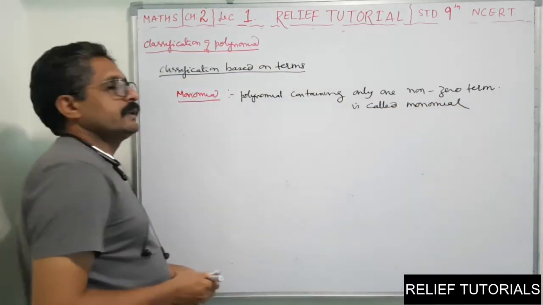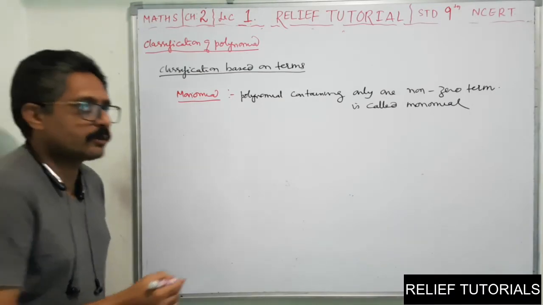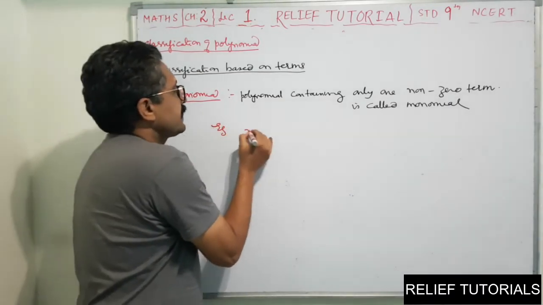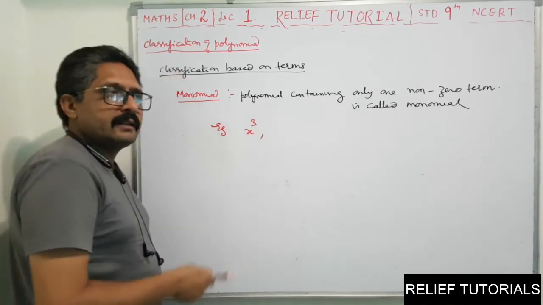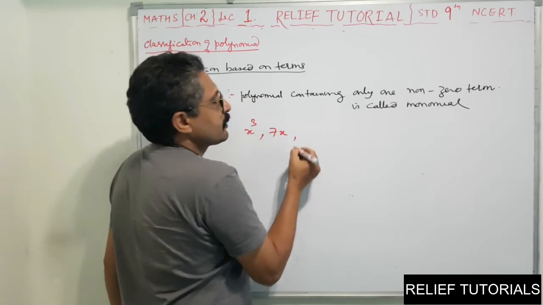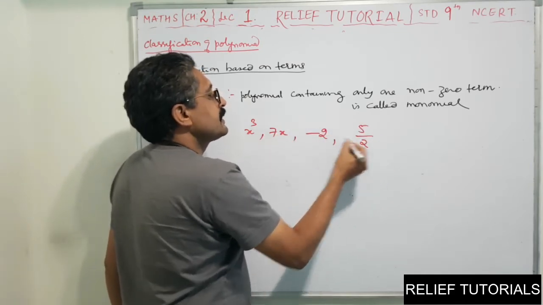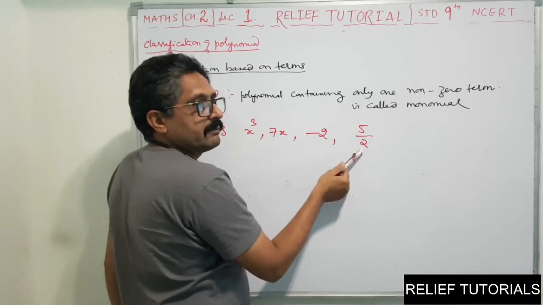So what is monomial? A polynomial containing only one non-zero term is called monomial. Example: x cube is a monomial. There is only one term. Then 7x is a monomial. Minus 2 is a monomial. 5 by 2 is a monomial. Why? Because there is only one term.